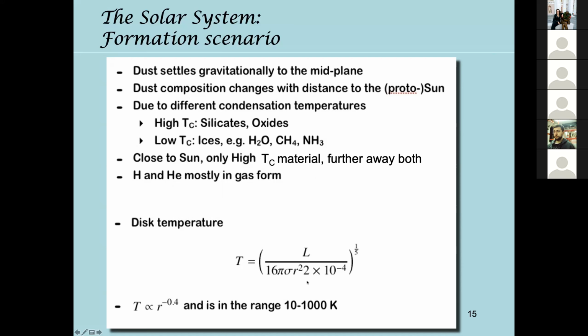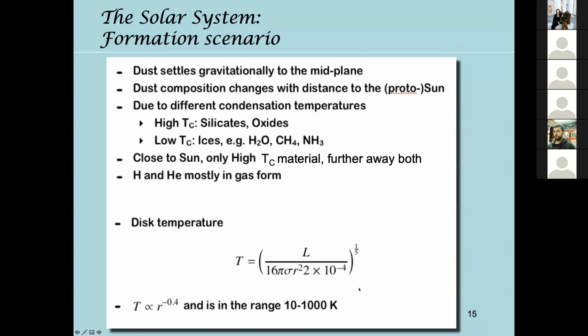I didn't do the equations, but to get this expression you just use thermal balance, an equilibrium equation, so absorption of starlight must be equal to the emission of radiation. If you do that, you see that the temperature is proportional to the luminosity of the central object to the 1/5, divided by R squared, also to the 1/5, so it's proportional to R to the minus 0.4.